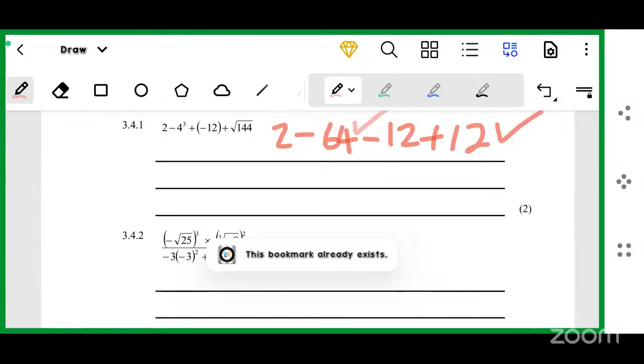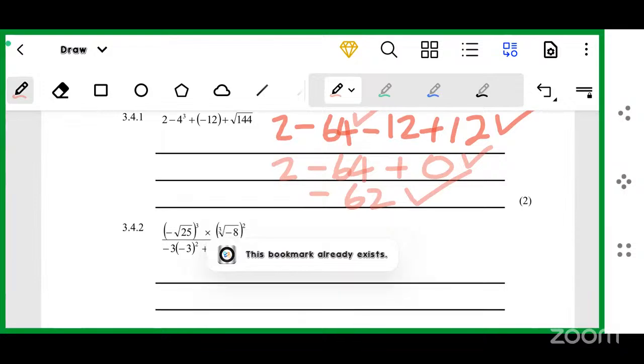Then I said 2 minus 2 64 plus 0. And then my final answer was negative 62. Negative 62, correct. You got a full 2 marks.